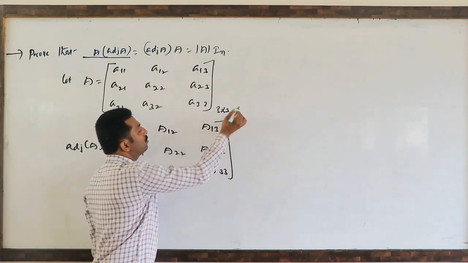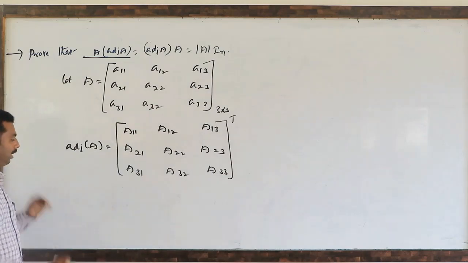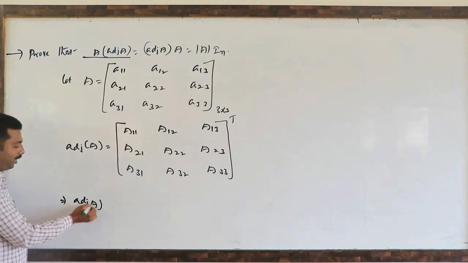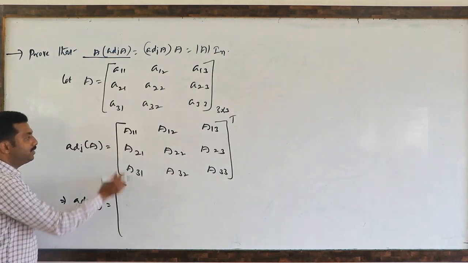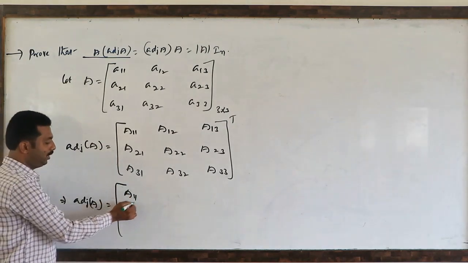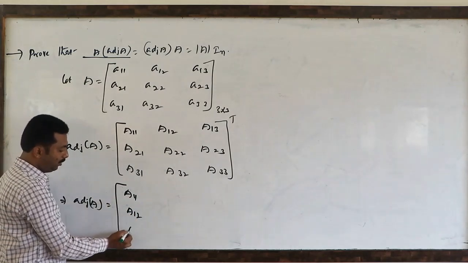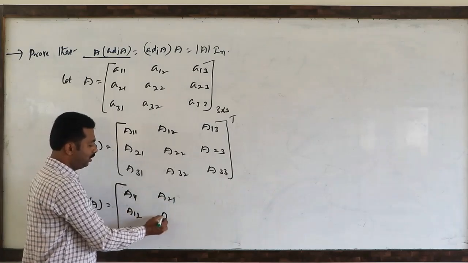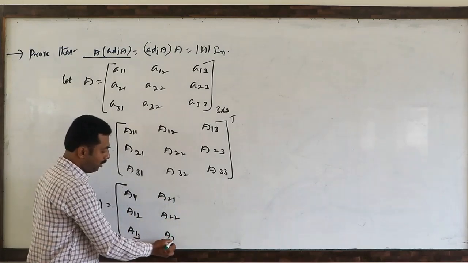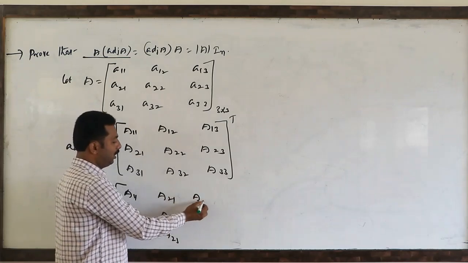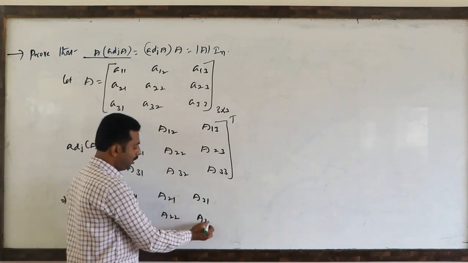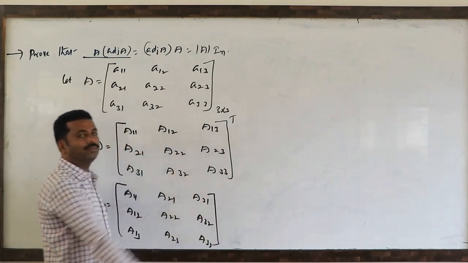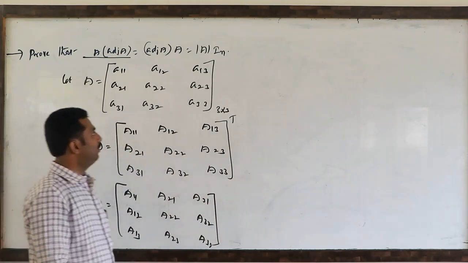The transpose of this is nothing but the adjoint of A. So finally, the adjoint of A is this transpose: A11, A21, A31, A12, A22, A32, A13, A23, A33. This is the adjoint of A.